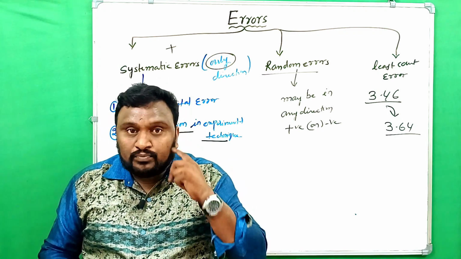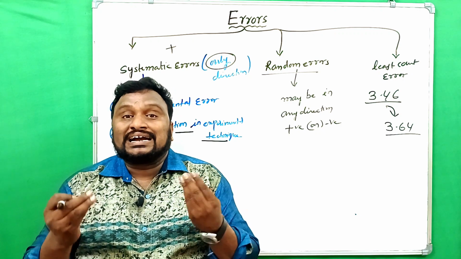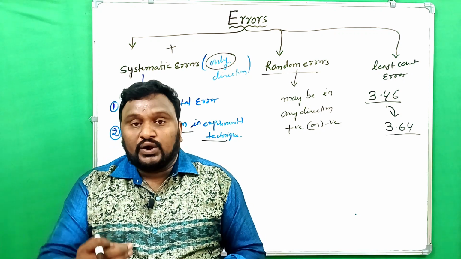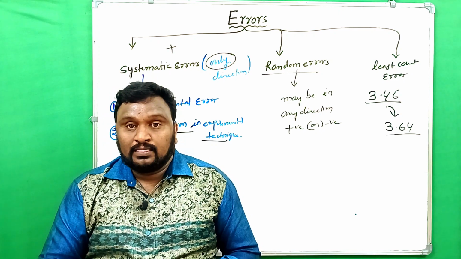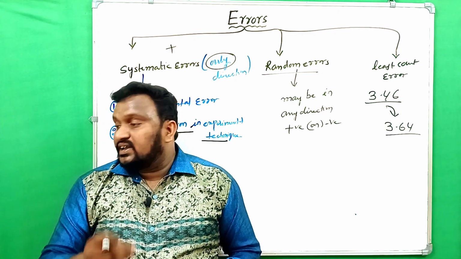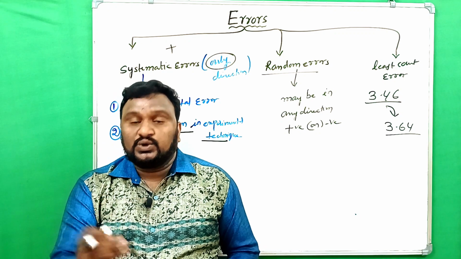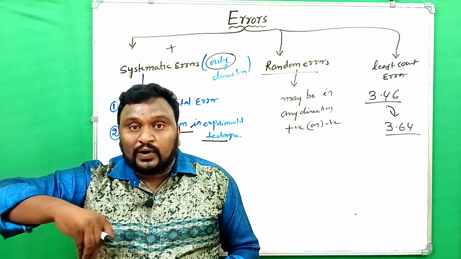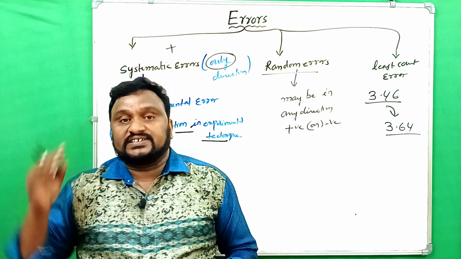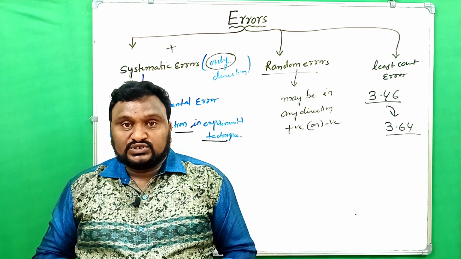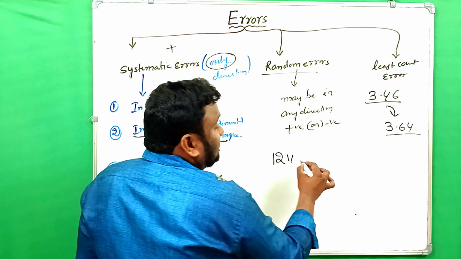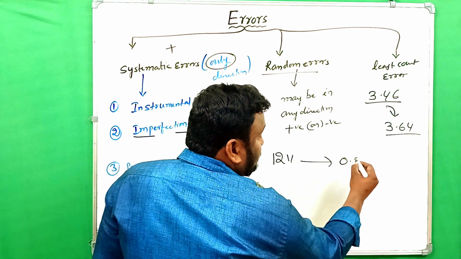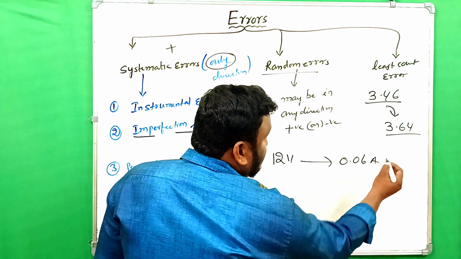Okay, for example, we want to find out the current in a circuit. We are doing one experiment by using some apparatus. Clear? That apparatus, by using some standard resistance, and in that circuit we have to find out how much current flows. So just imagine we are taking a 12 volts battery that can supply 0.6 amperes current.